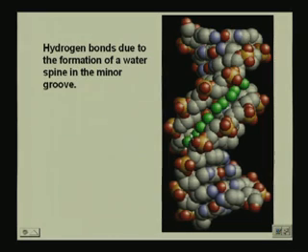The water spine that follows through the minor groove. Okay? So, we have a spiraling water spine that goes through the minor groove of DNA. The major groove actually is probably too large for this water molecule to sit in there, and this is a part that is also interacting with the other compounds and the other DNA protein interactions that occur.